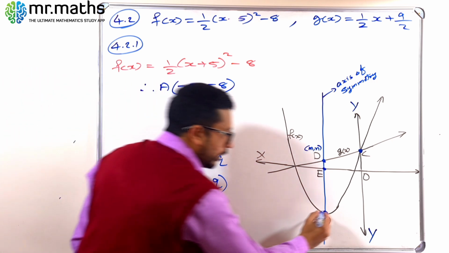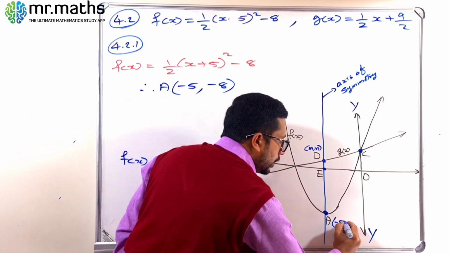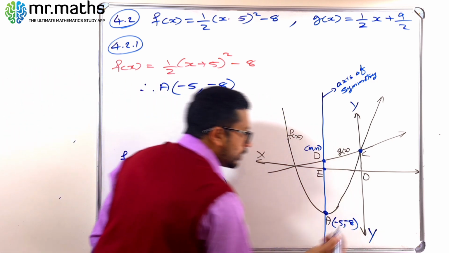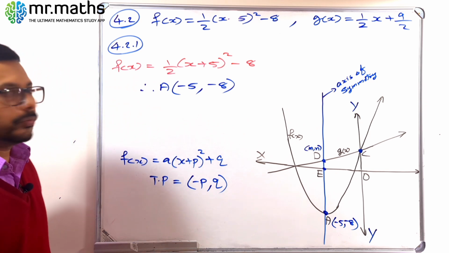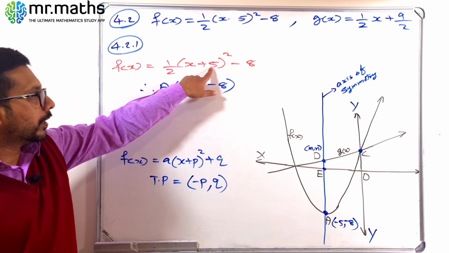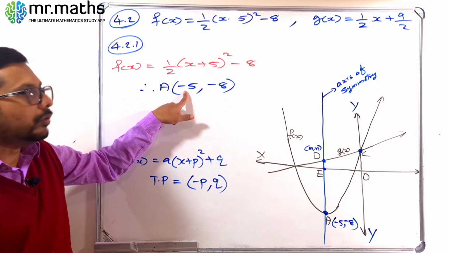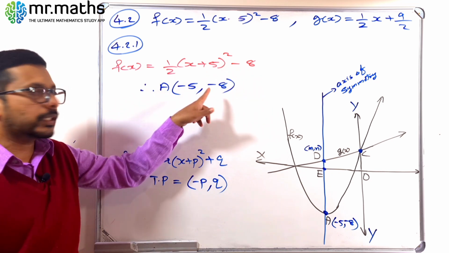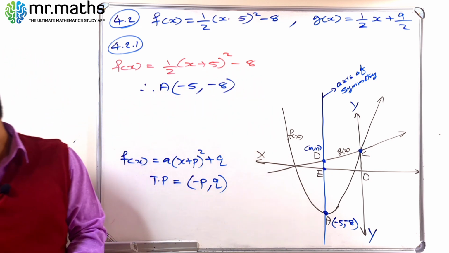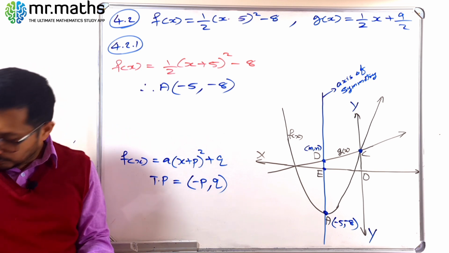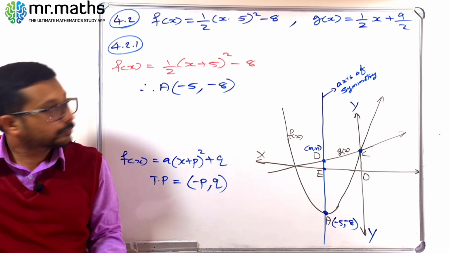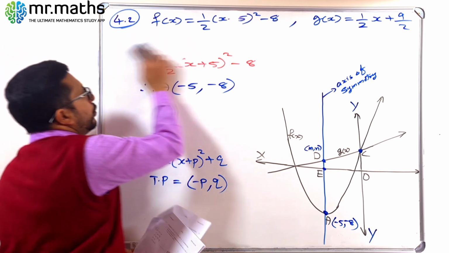So this point is minus 5 comma minus 8. That is the turning point of this f of x. So that is question number 4.2.1. Now the next question, 4.2.2.